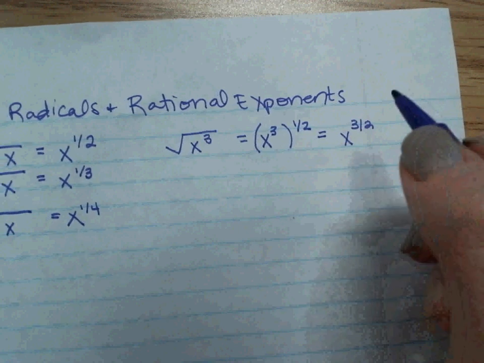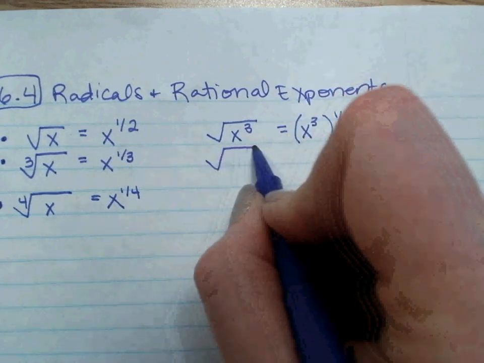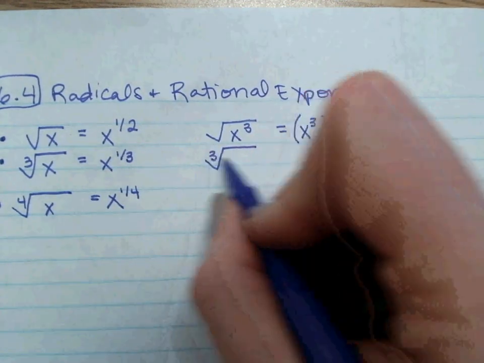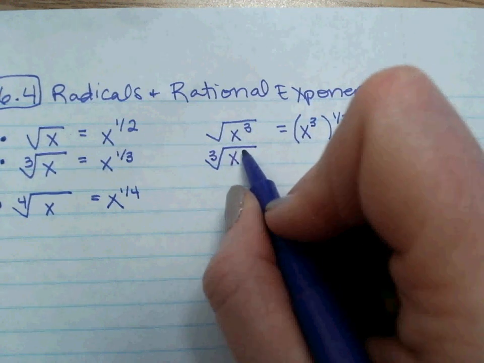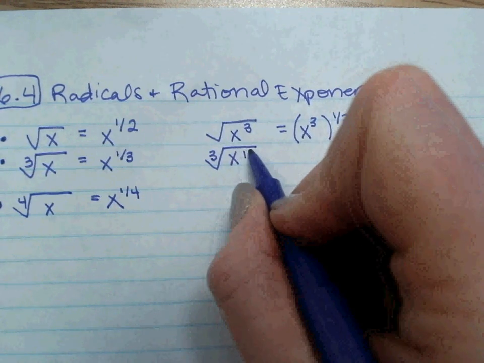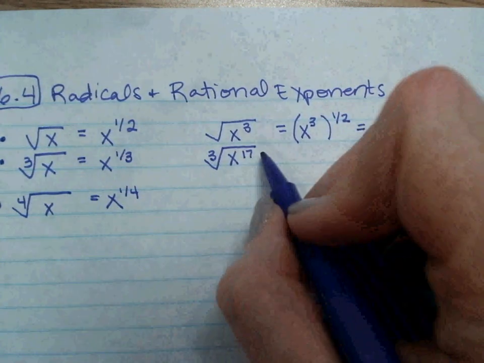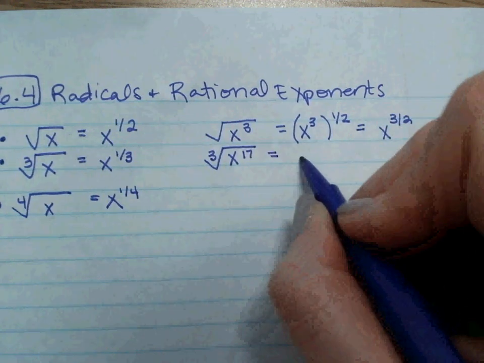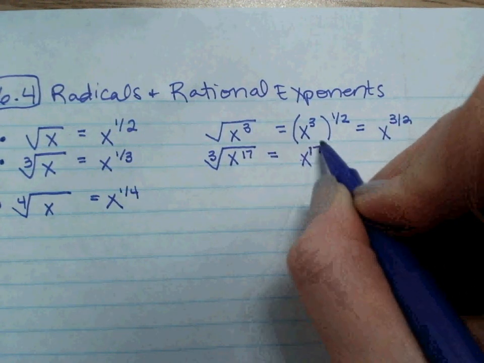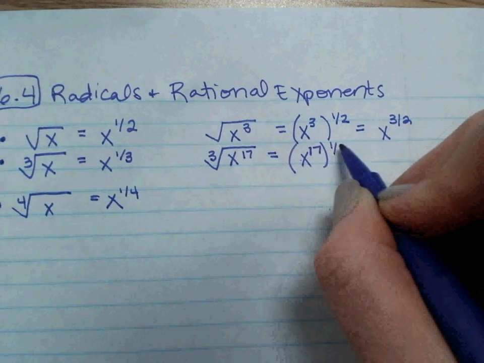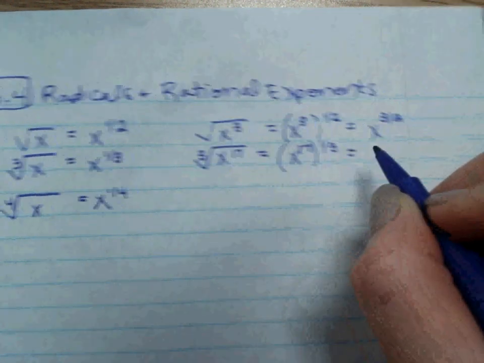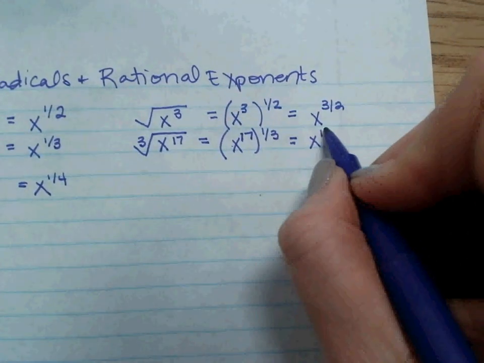Or let's say we have the cube root of x to the 17th. We could write that as x to the 17th to the 1/3 power. In other words, x to the 17/3.